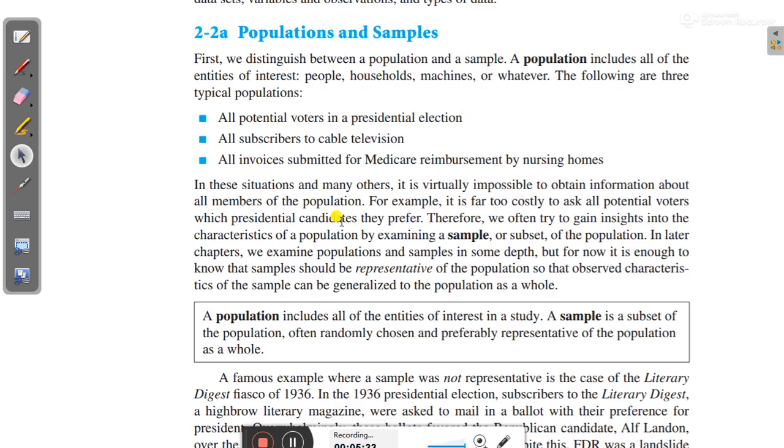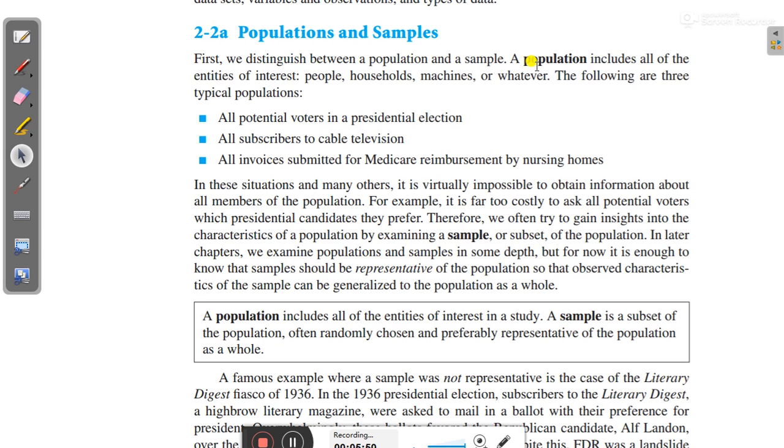First, what is population? Basically, population includes the whole, it might be people, it might be households, it might be machines or whatever.